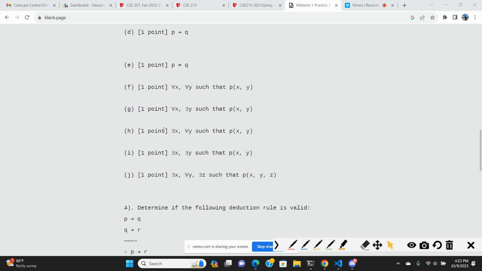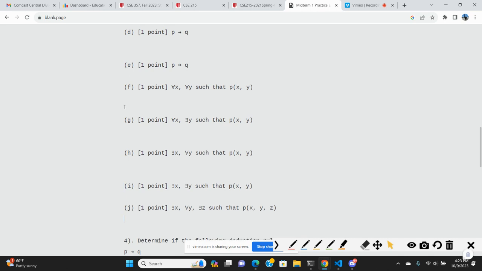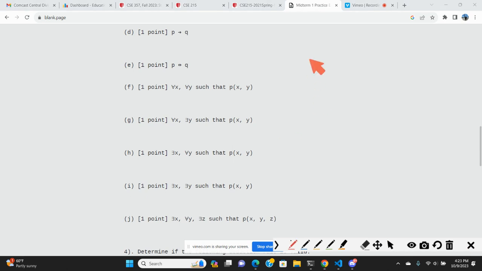Now we move on to negating existential and universal quantifiers. I could explain the logic of this once again, but really the most ironclad rule you need to know is: if you have a universal quantifier, say for all x, p of x, flip this into an existential, there exists an x such that, and then negate whatever follows after.